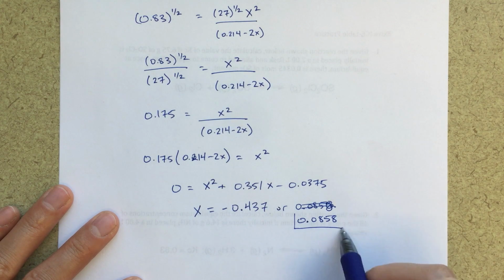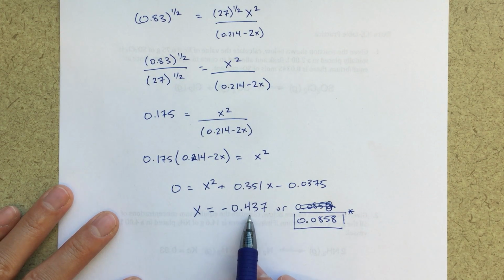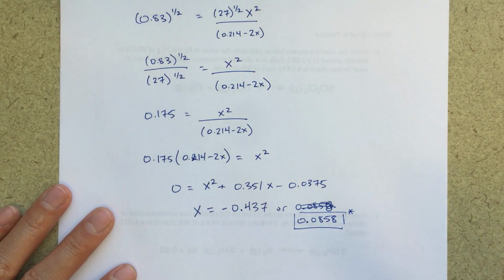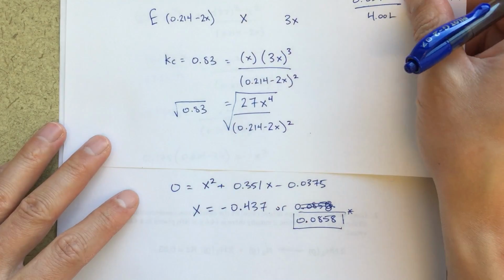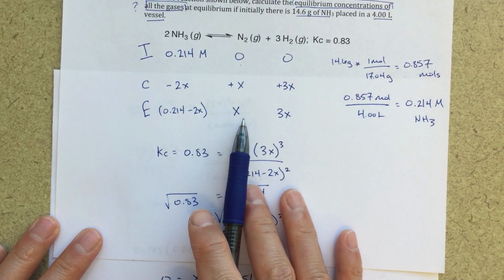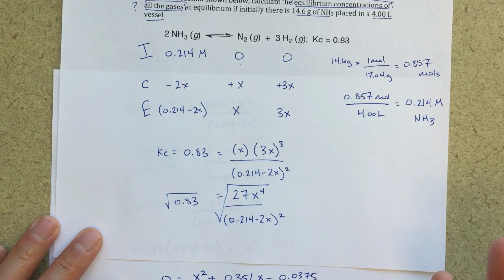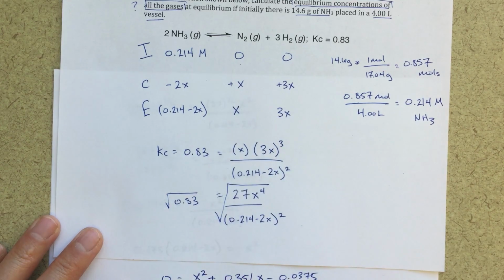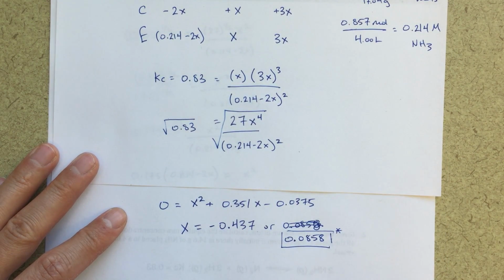And this is going to be the term that we choose, because the other term, minus 0.437, gives us nonsensical answers, right? If we go back to our ICE table, the x value really needs to be positive, right? A negative x value doesn't mean that we have negative N2, which does not really make any sense. So our x value needs to be positive. So this 0.0858, that is our x value.